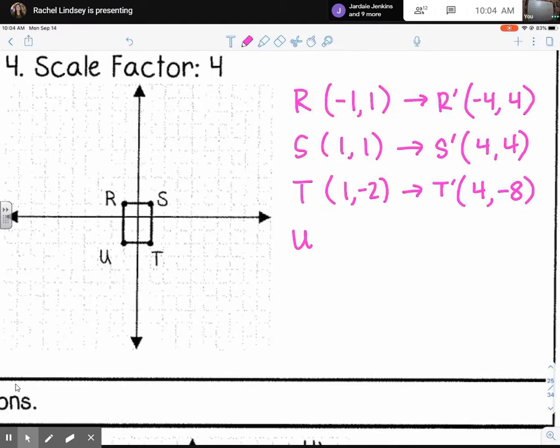And then U starts off at negative 1, negative 2. So what are my coordinates of U prime? Negative 4, negative 8.